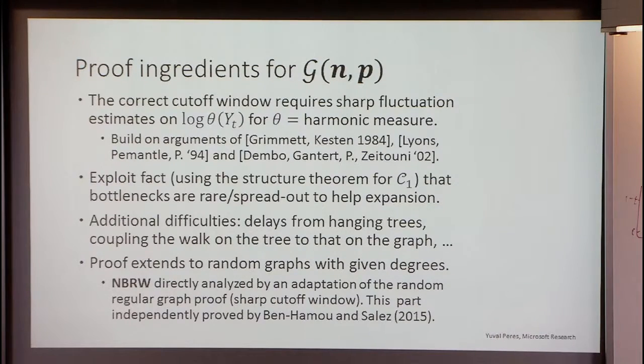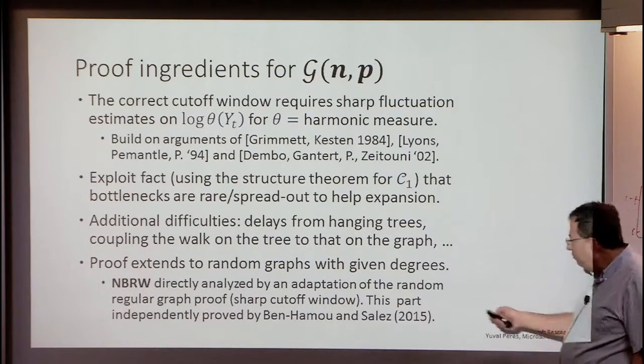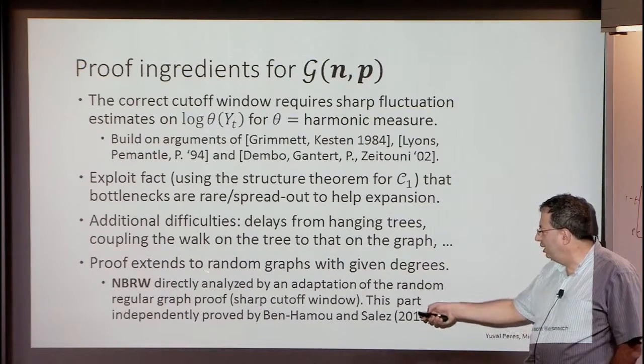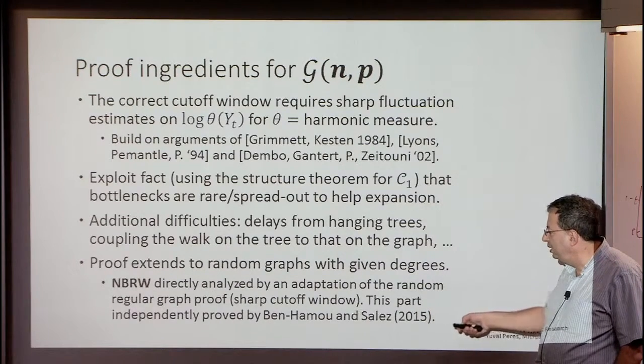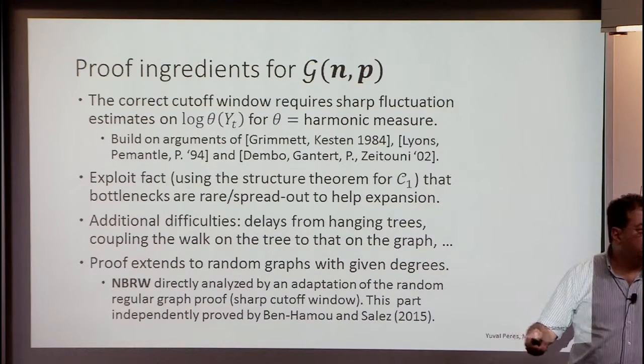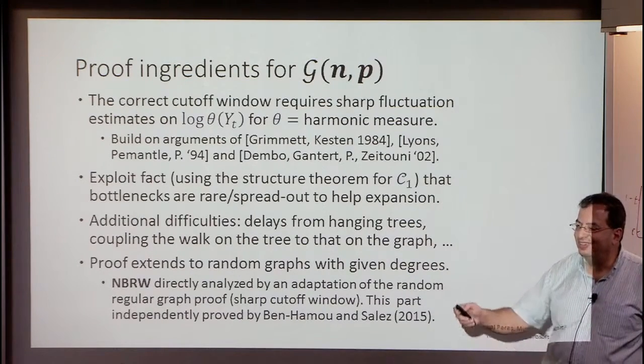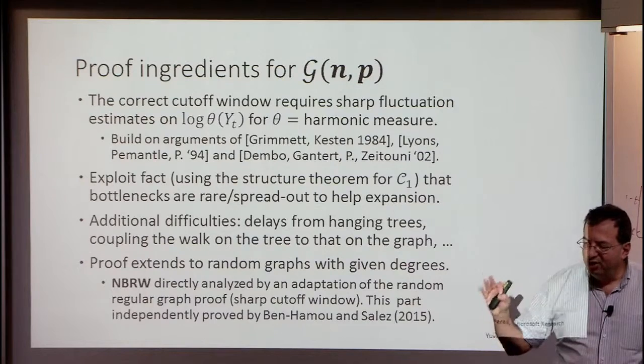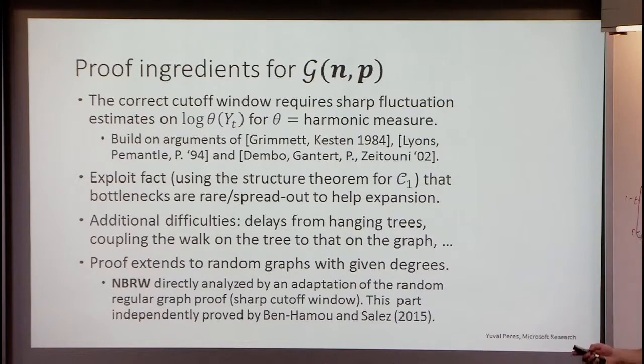So the non-backtracking random walk, you also have a cutoff, and this part for non-backtracking walk was in our paper, but also independently in work of Anna Ben Hamu and Justine Salez, who is here somewhere. Justine? Oh, there, thanks. And he will talk about related work later. And they have more information on the window in this case.